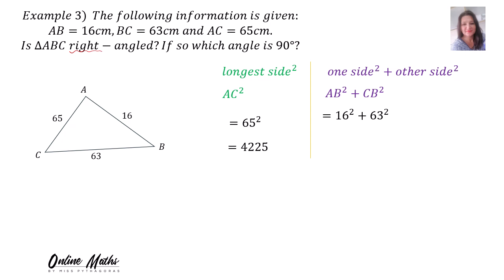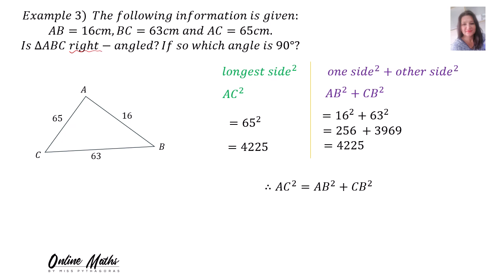Then we will say 16 squared means 16 times 16, which is 256, plus, and 63 squared is 63 times 63, which is 3,969. And when we add the 2 there, we end with 4,225.